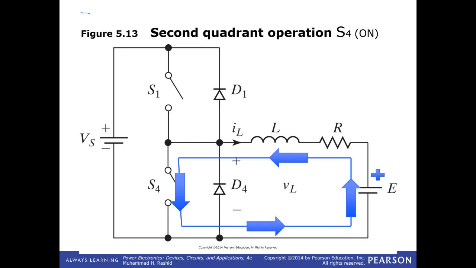Minus E plus Ri plus L di/dt plus delta V, voltage drop of S4. Bu S4'u niye yazıyorum? That reminds me the direction of the network is equal to 0.